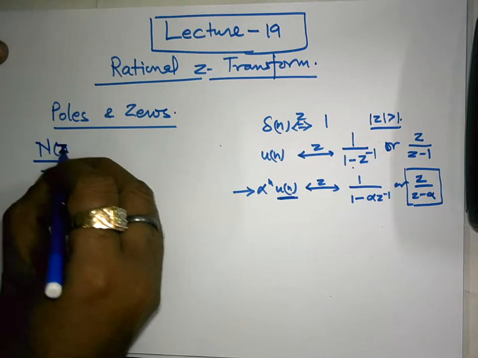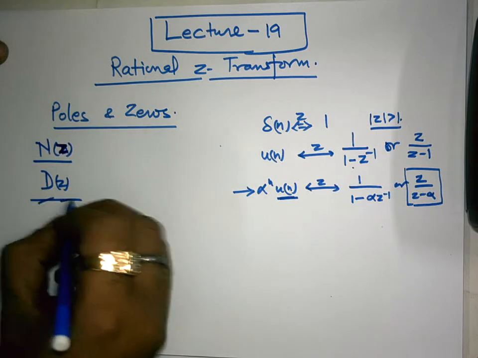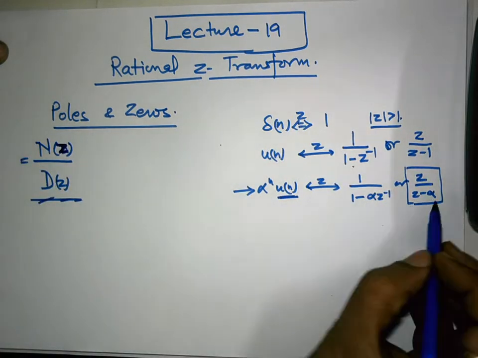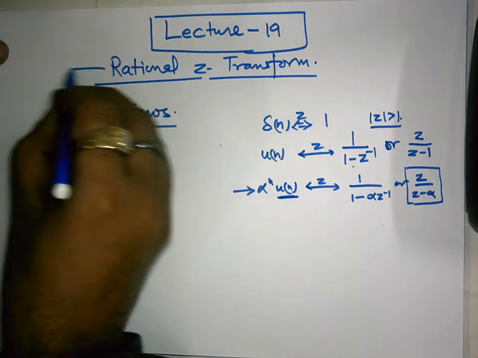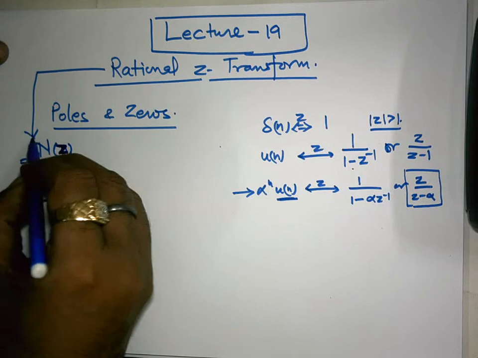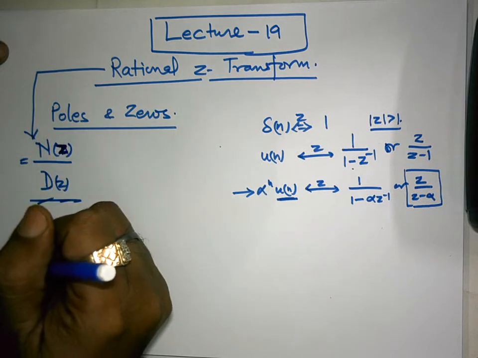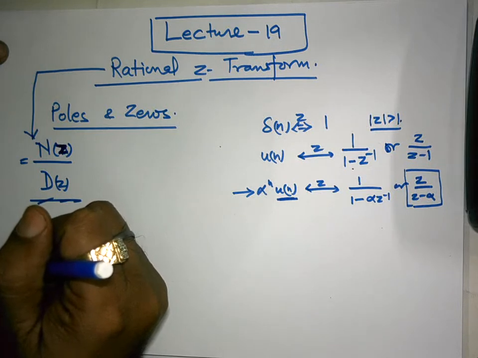This means they are expressed as some numerator over denominator, and that too in z or z inverse. This kind of z transform is called a rational z transform.